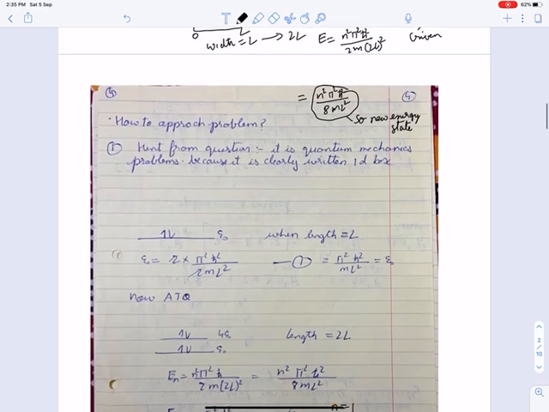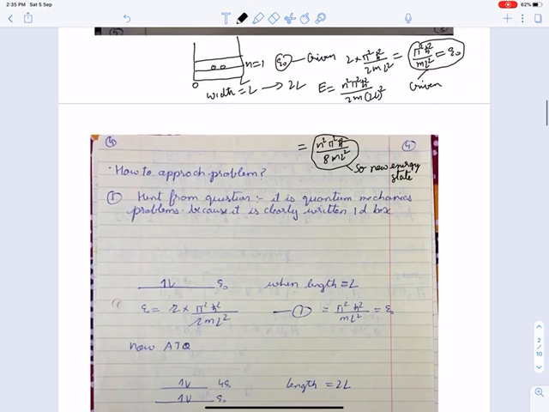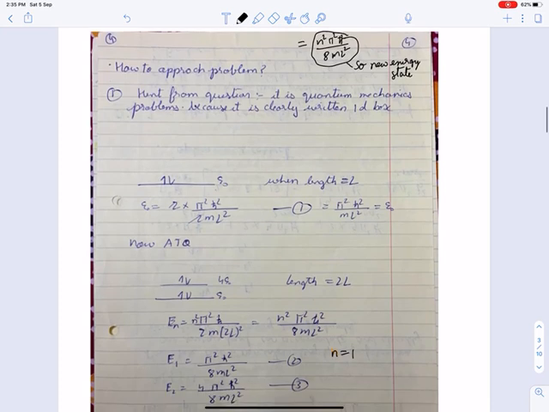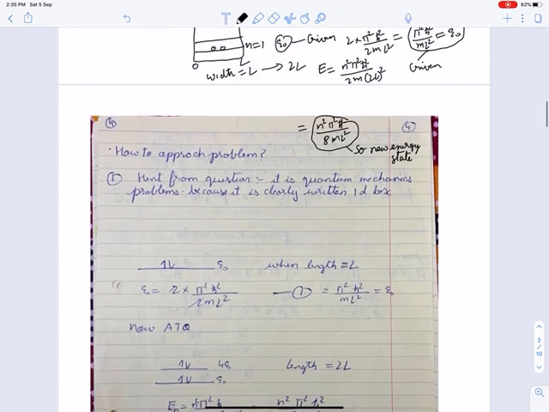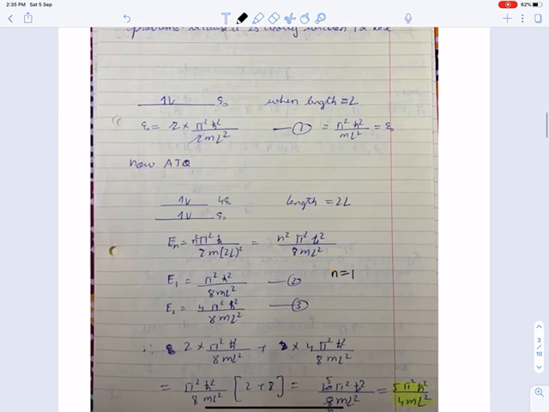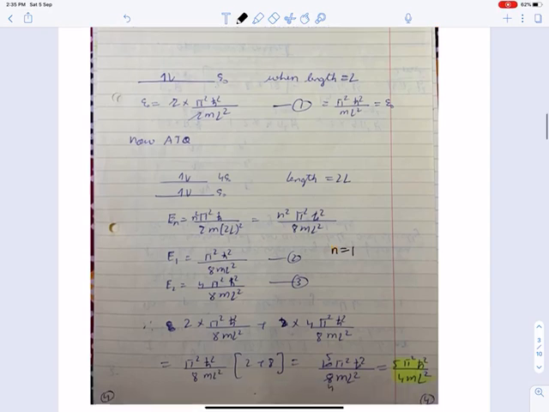When I put n equal to 1, E1 becomes pi square h cut square upon 8mL square. And my epsilon naught is pi square h cut square upon mL square, so I can replace that with epsilon naught.